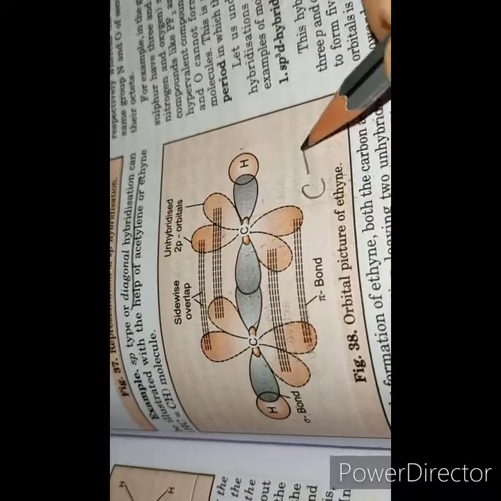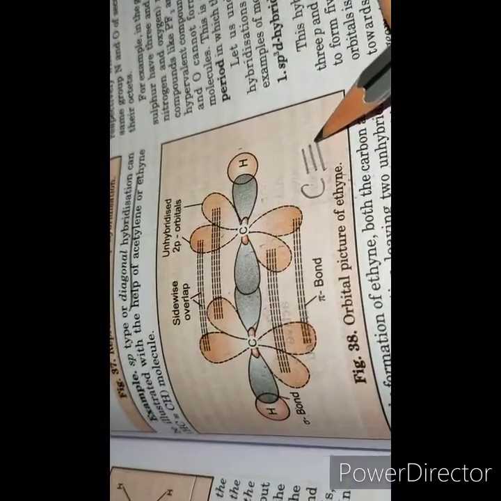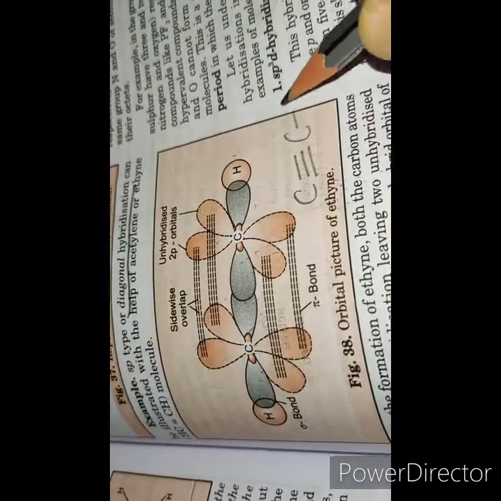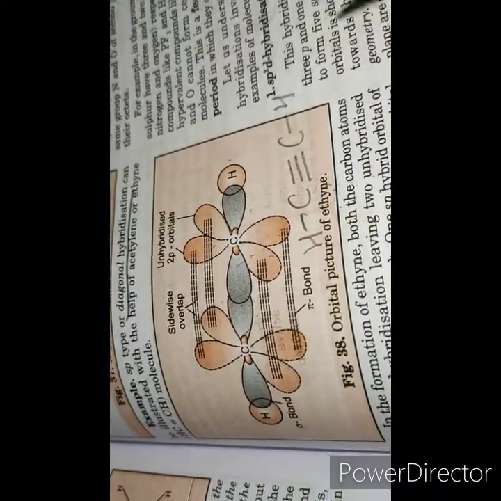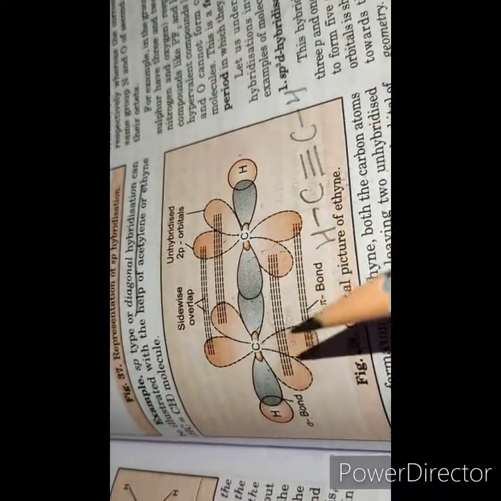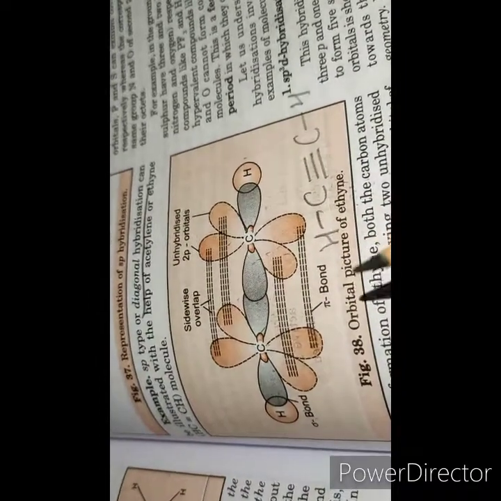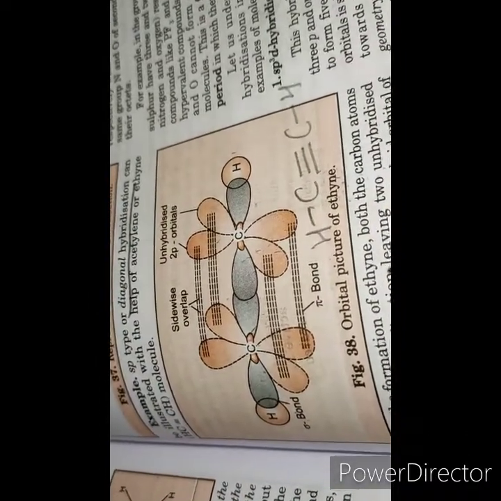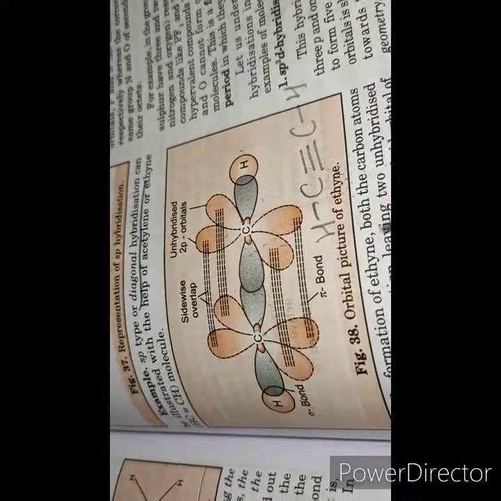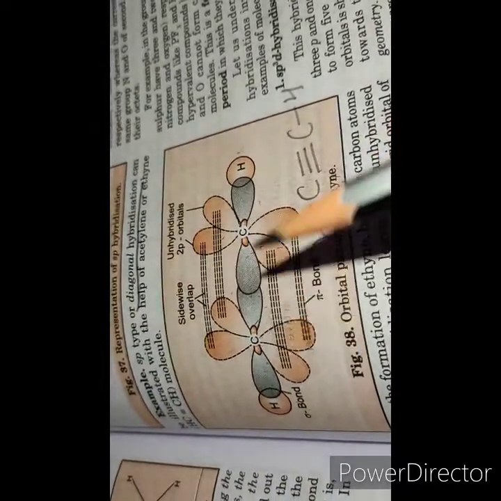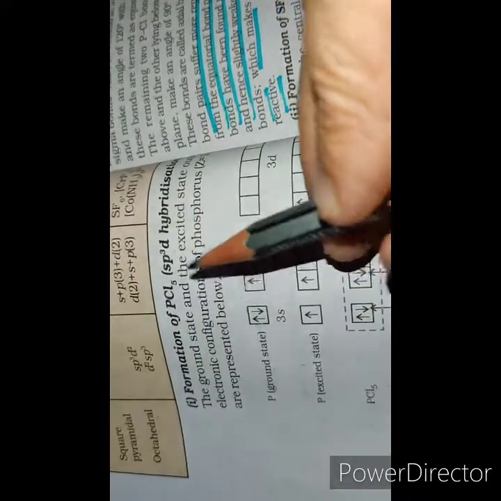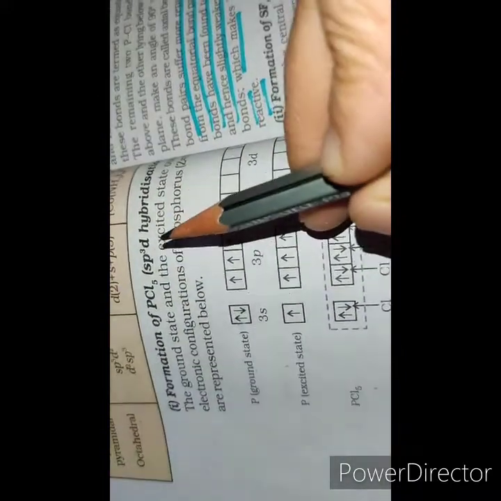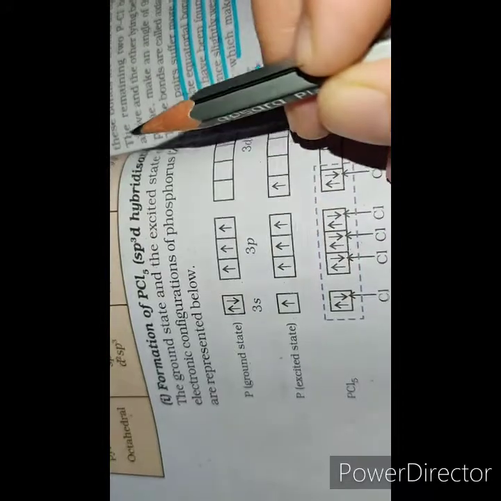We can write it like this: these are the 2 pi bonds and this is the sigma bond. So this is the structure of the ethyne molecule. So in ethane there is sp3 hybridization, in ethene there is sp2 hybridization, and in ethyne there is sp hybridization.